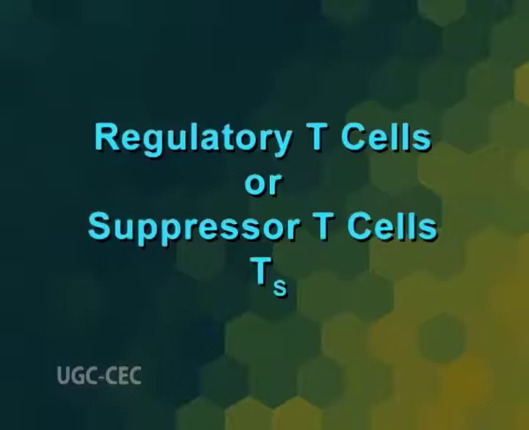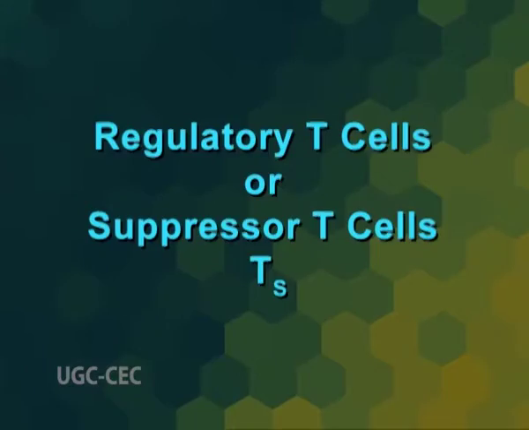They are engulfed and presented by the antigen presenting cells such as dendritic cells or macrophages through class II MHC to the T helper cells. On activation, T helper cells stimulate B cells for antibody production.